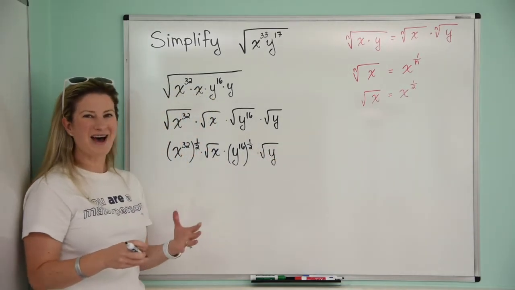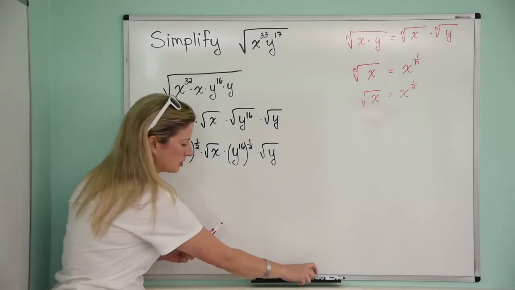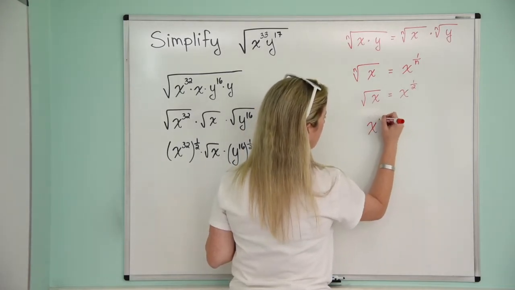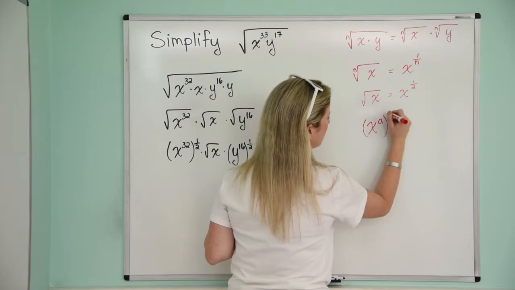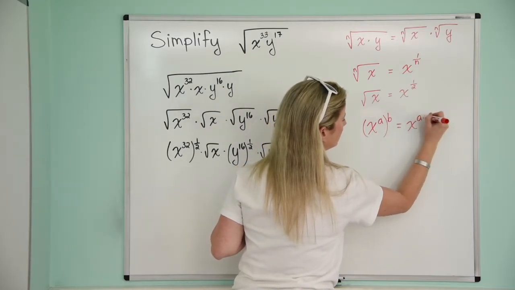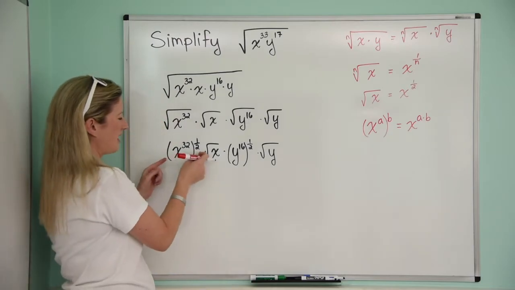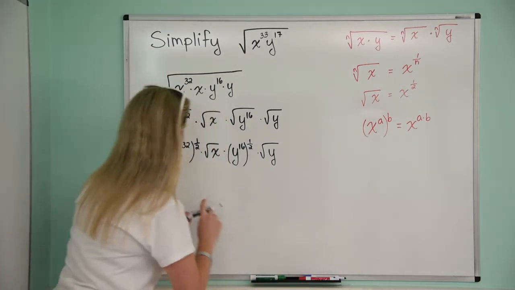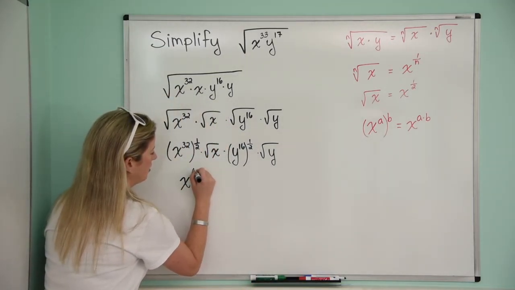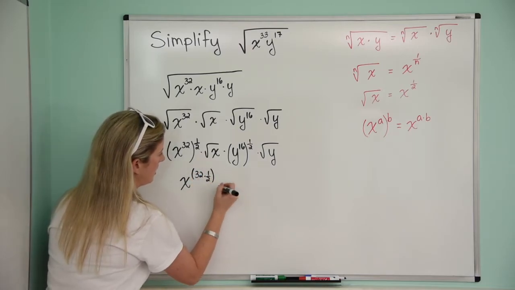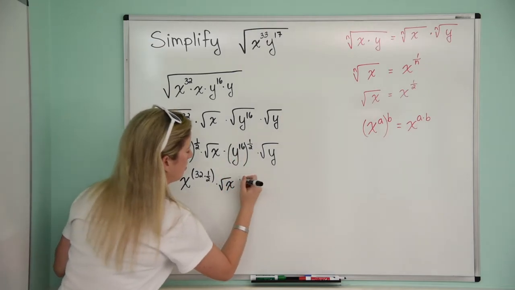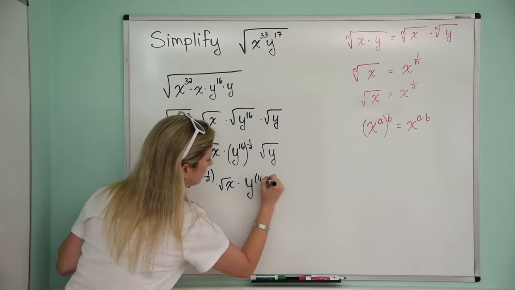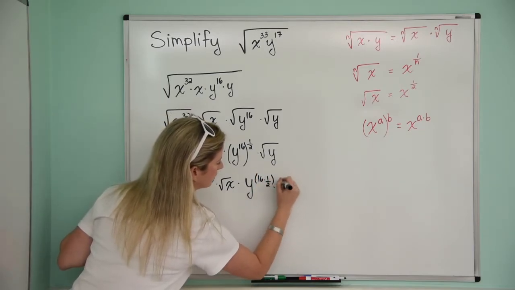Because we love all of these properties and rules, let me remind you of another one: x to the a, to the b, equals x to the a times b. That's what we're going to use right now. So x to the 32nd to the 1/2 is the same as x to the 32 times 1/2, and then times root x. And y to the 16th to the 1/2 is the same as y to the 16 times 1/2, and then times the square root of y.